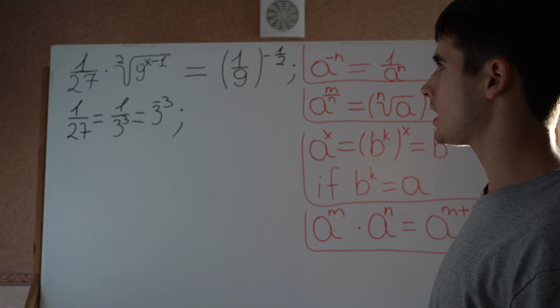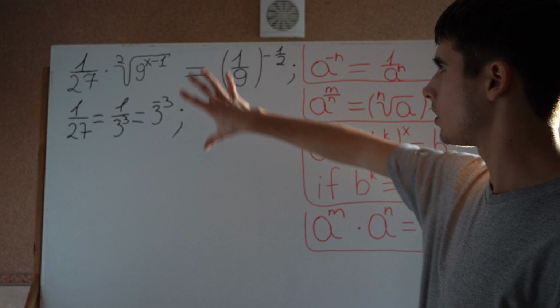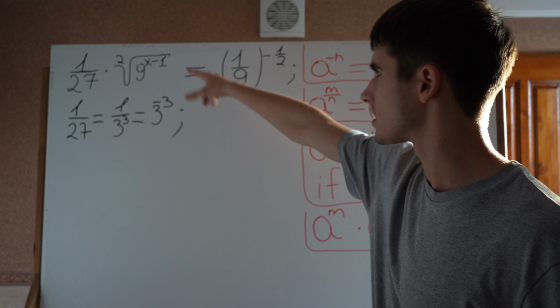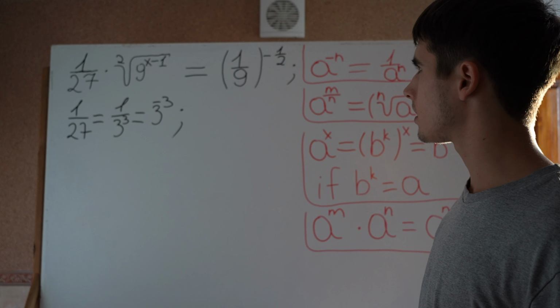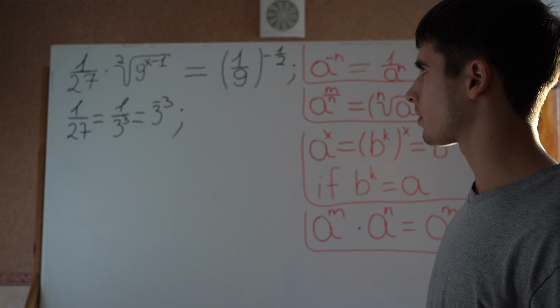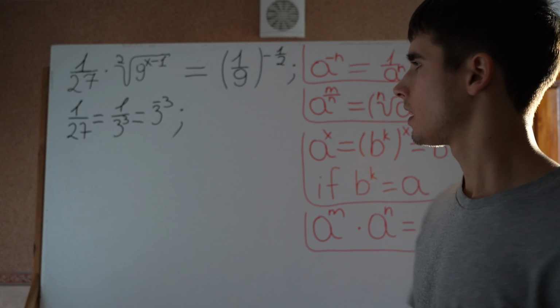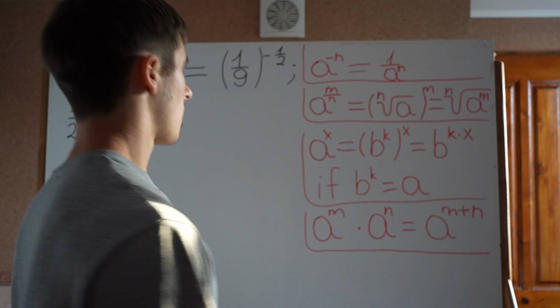In this case, as you can see, we have the square root, we have 9 raised to this ugly exponent, and I also have a formula for that. So here it is.